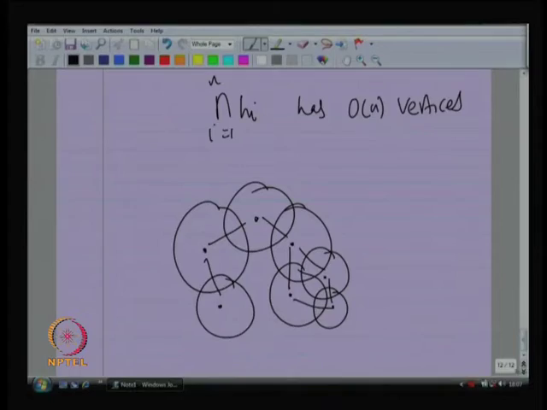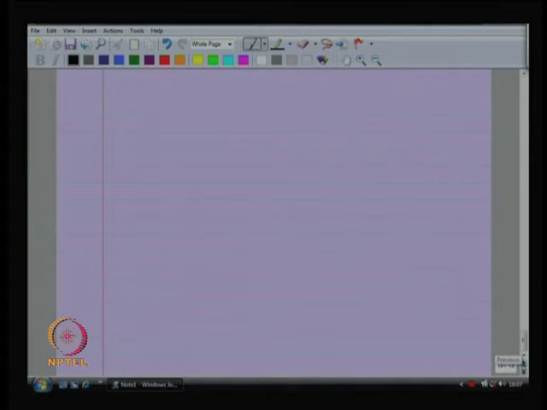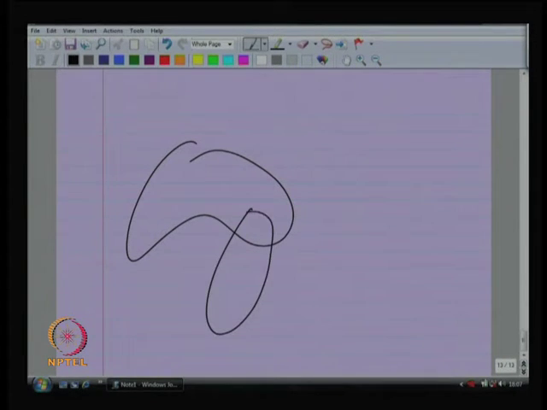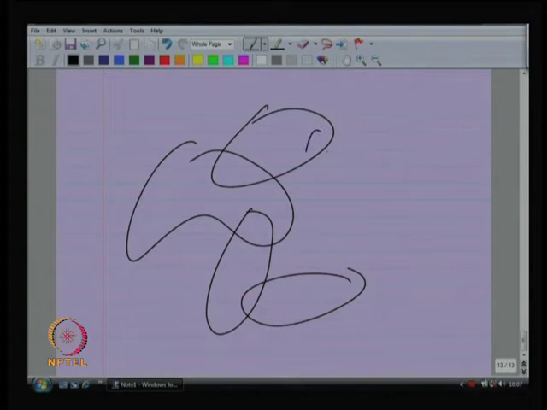So let me just conclude by saying the following. Suppose you have some shape which is very strange, but it has the following property, that if you take any pair of them, they intersect in at most 2 points. These are called pseudo disks.